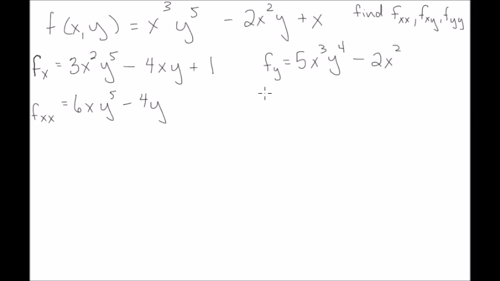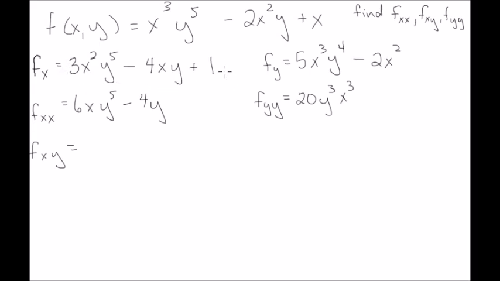If I take the second derivative with respect to y, I bring the 4 down, I get 20 y cubed x cubed, and there's no y in this second term, so I'm done. And finally, if I want to get the cross partial, I take f sub xy, the partial with respect to x, and then with respect to y.